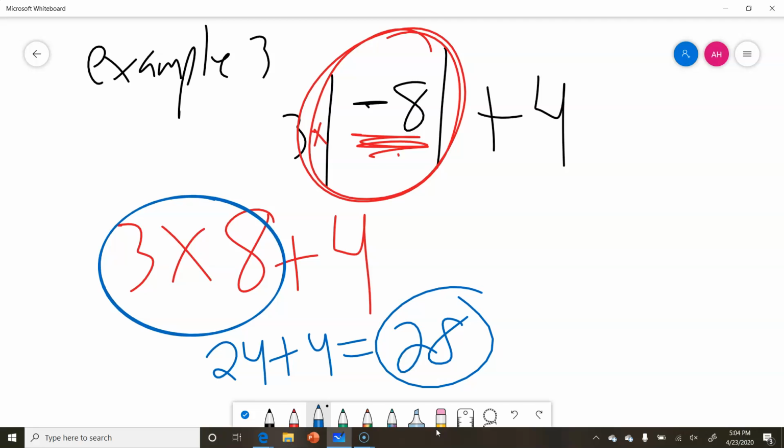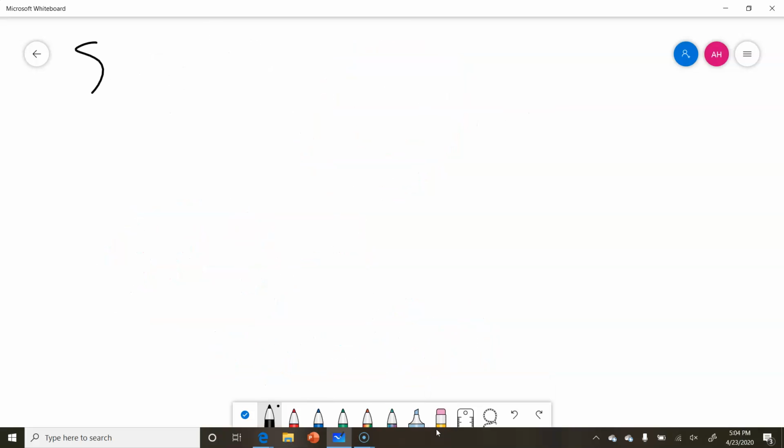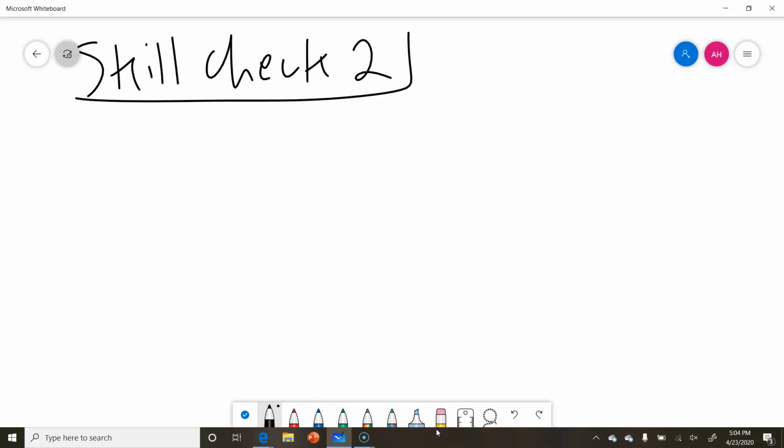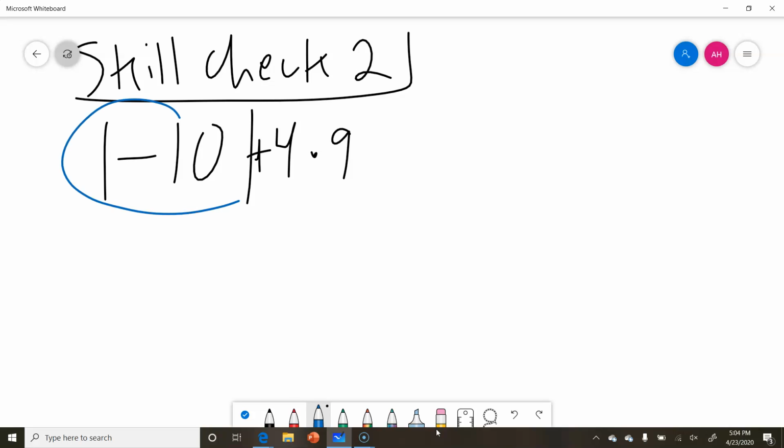Okay, now I want to do another one here for you. I'm going to do skill check 2. Okay, so you need to follow along. On skill check 2, the first one here is the absolute value of -10 plus 4 times 9. Now again, the first thing you need to do is always the absolute value.